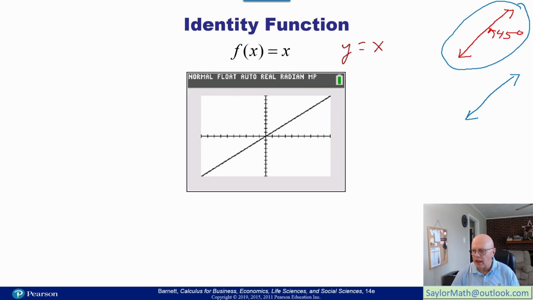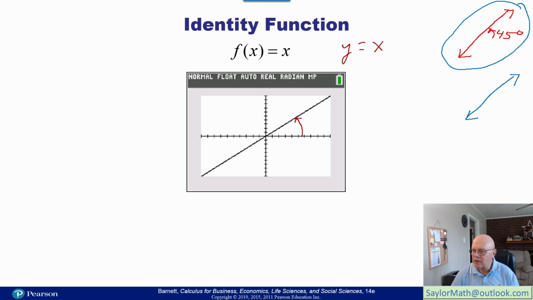Now, if you look closely, you'll notice this doesn't look like it's 45 degrees. That's because this is twisted out of shape. Sometimes graphing calculators, this is from a graphing calculator, sometimes they don't get everything in the right perspective. But you get the idea.